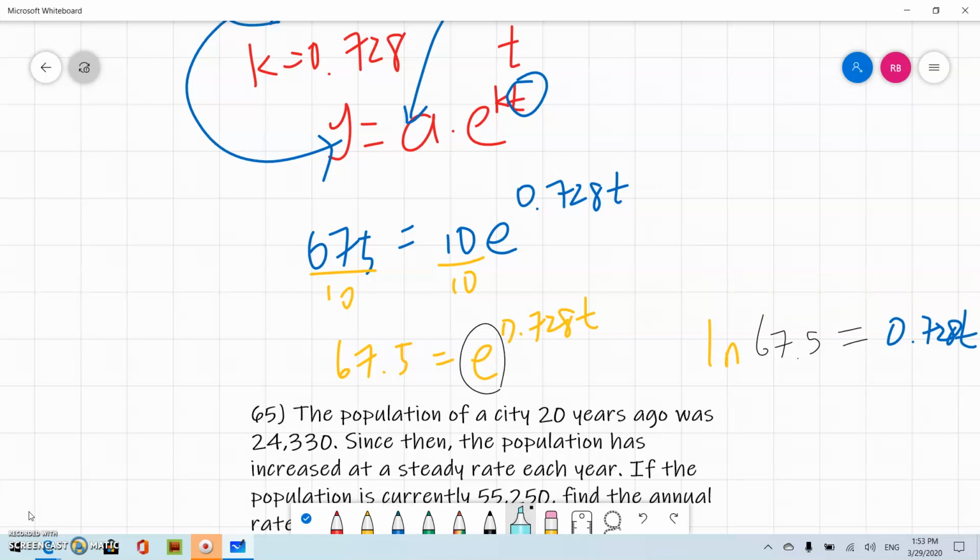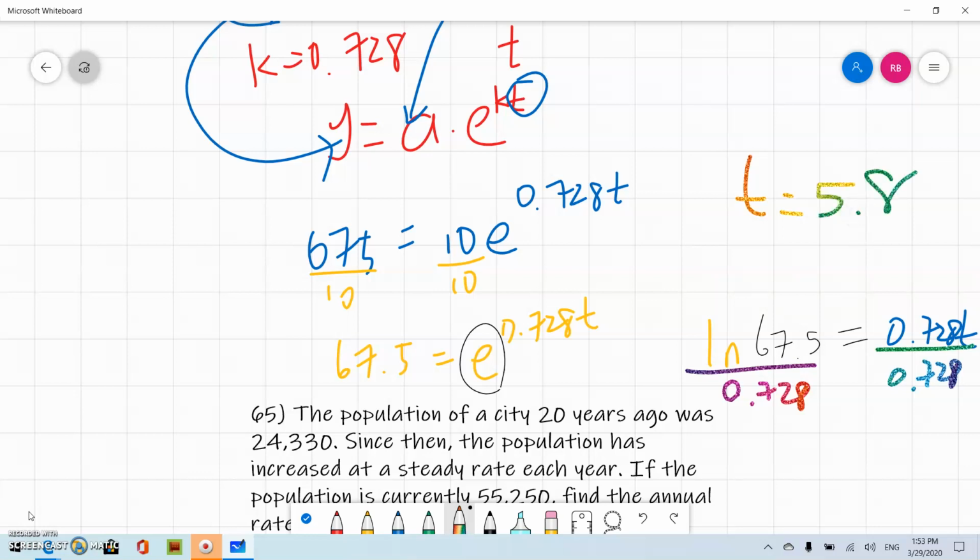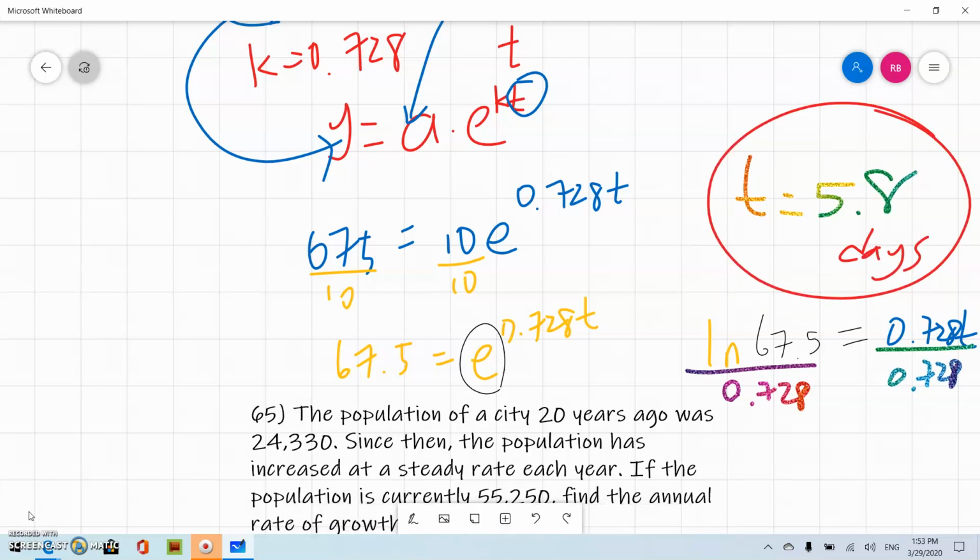So to find t, all you have to do is divide both sides by this number. So then t is equal to 5.8-ish. And then the unit is days, because it said t is in days.